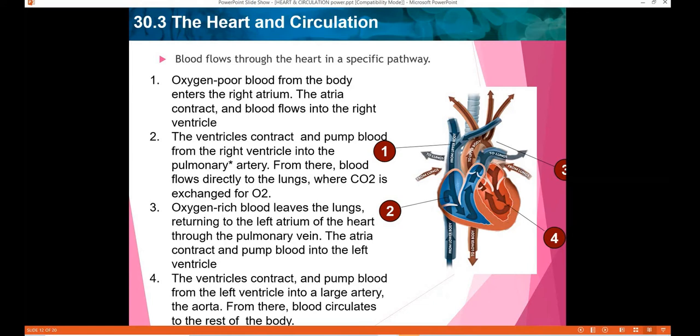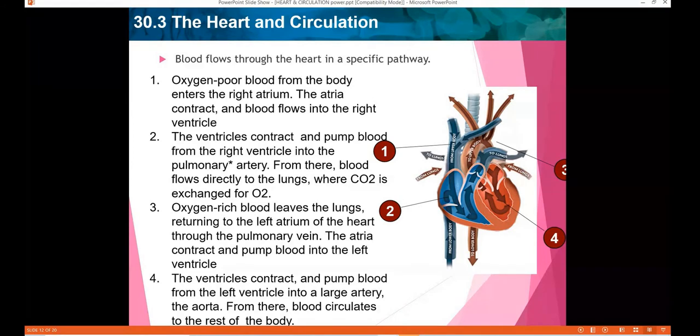Now what happens in the lungs? The blood enters the lungs where carbon dioxide and water vapor are released and left in the lungs, and then oxygen is picked up by the blood. The waste carried by the blood from the various parts of the body, carbon dioxide and water, diffuses into the alveoli, which are the smallest parts of the lungs, and oxygen diffuses from the lungs into the blood.